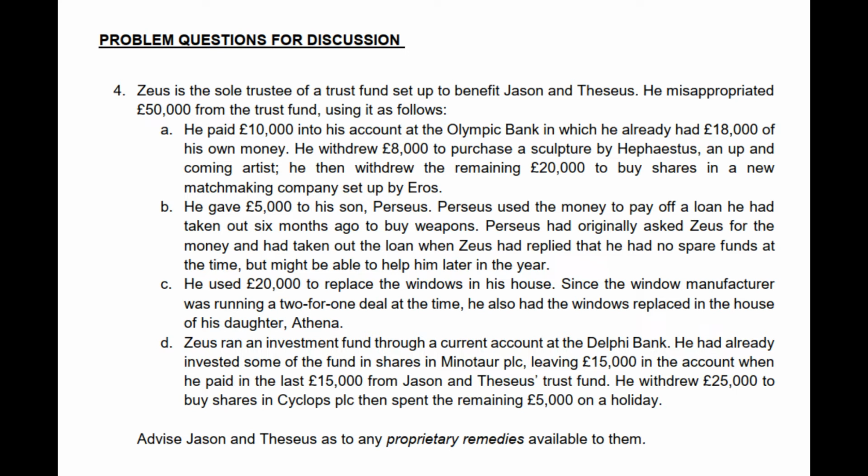Alternatively, if two innocents' money has been mixed, the starting presumption is the first in, first out rule, which is the rule from Clayton's Case. Although it should also be emphasized that this can be displaced on equitable grounds in favor of a proportionate share of the remainder, the pari passu rule.